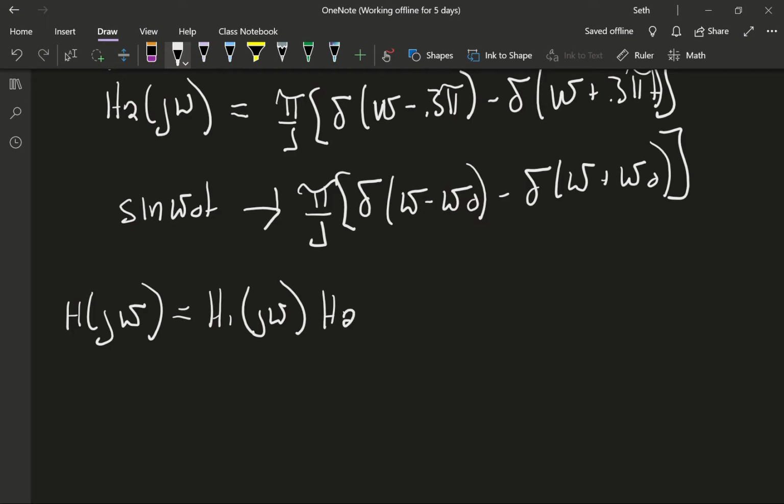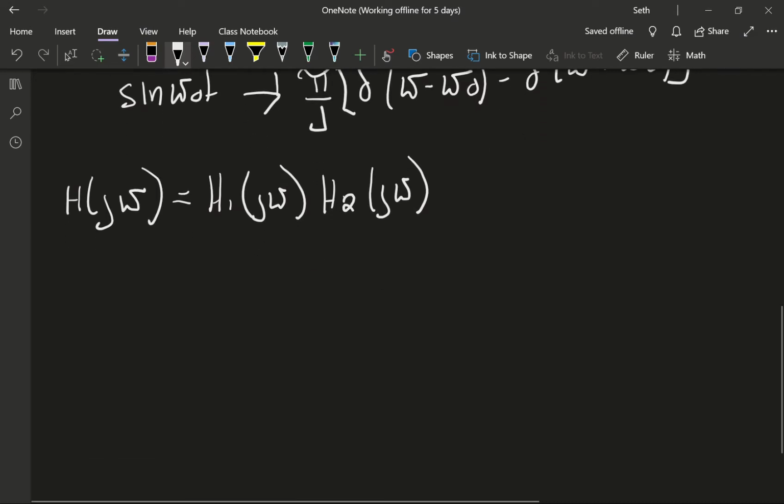This is kind of the power of the Fourier transform. If we were in continuous time still, we would have to perform convolution, but since we're in the frequency domain, we can just do multiplication.